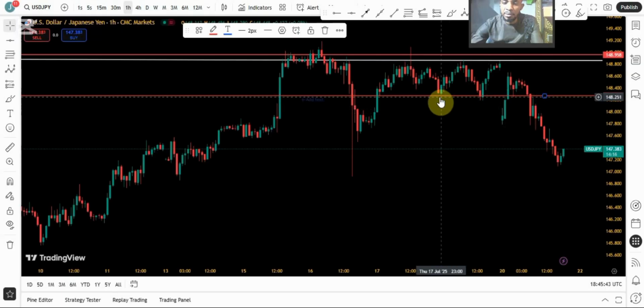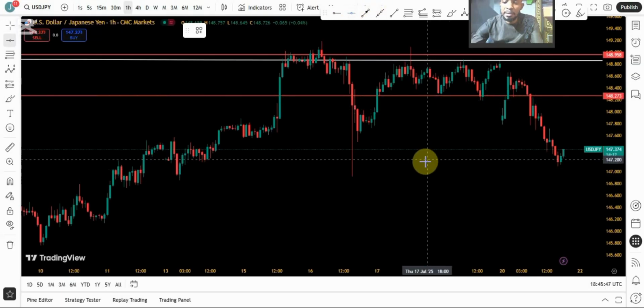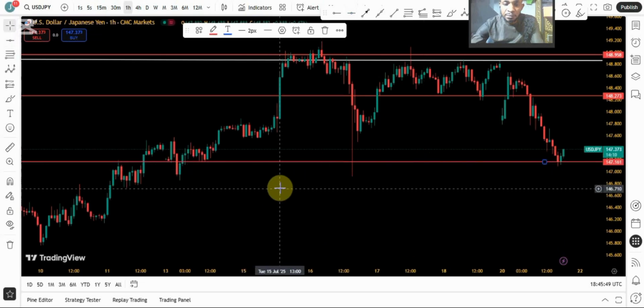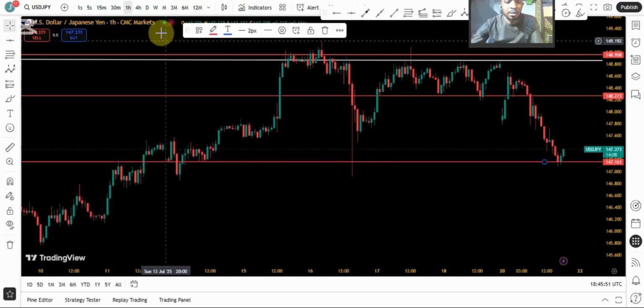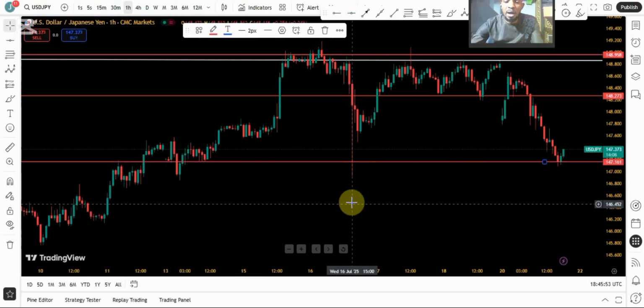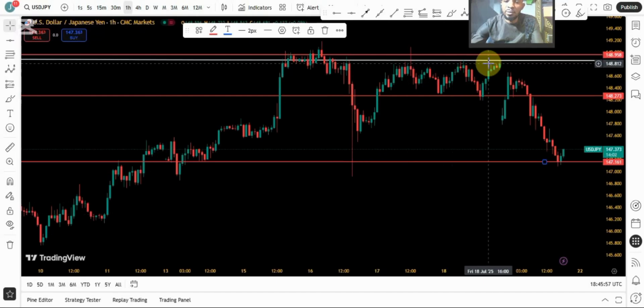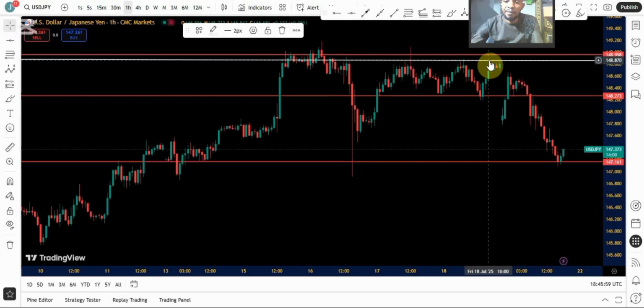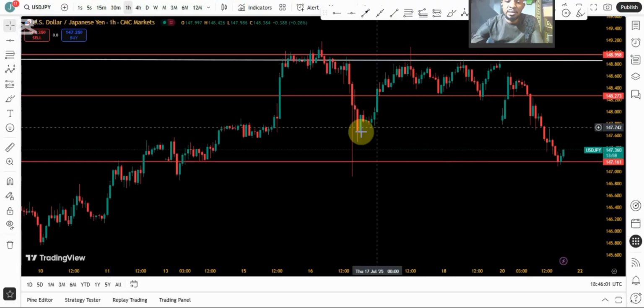So I'll pick out my horizontal line and mark that level. I pick out my horizontal line and mark this level on the 1 hour time frame. I'm not going to fill my entire chart with lines. No, I'm only focusing on important levels in the market.